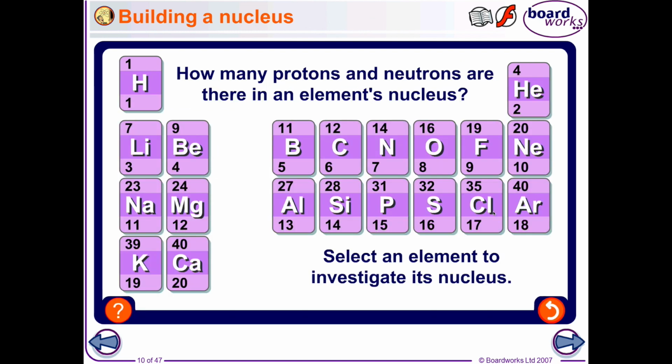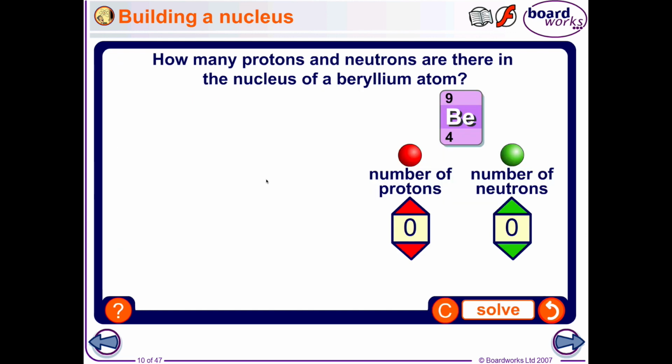Right, okay, so we're going to pick a couple of elements from the periodic table in front of us, and we're going to show you what the nucleus would look like. So we'll start off with a simple one, beryllium, Be, and what you can see is that beryllium has the symbol Be, and it has an atomic number of 4 and a mass number of 9.